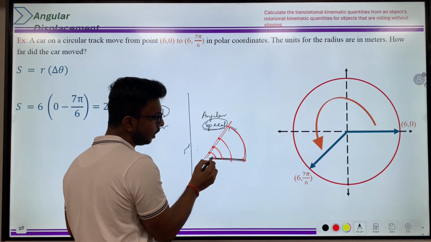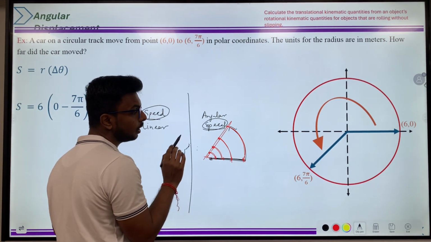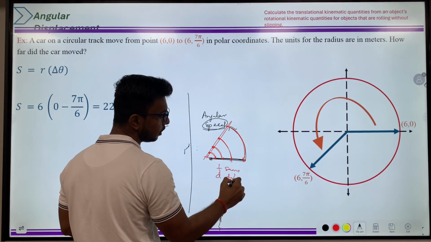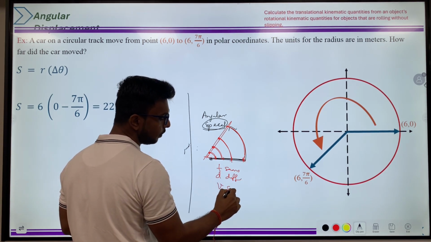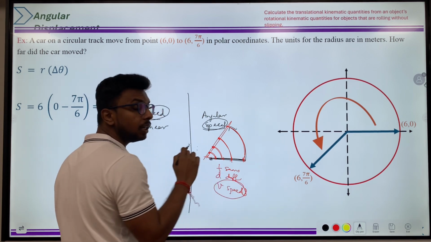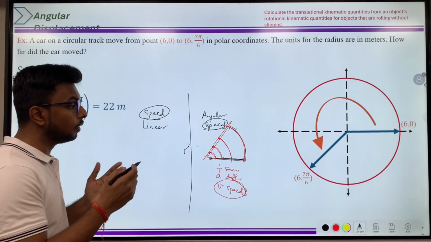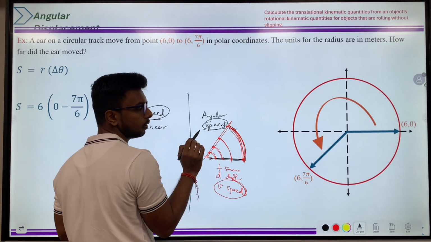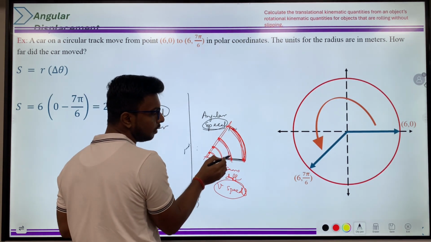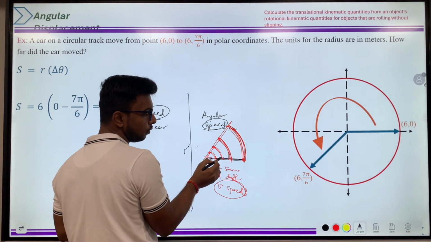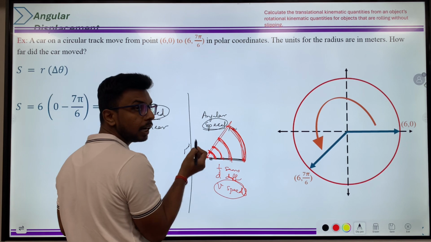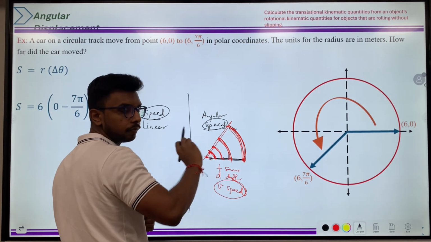Time is the same, distance is different, therefore speeds will be different. Those are the linear speeds. This will be faster because it has traveled the maximum distance. In the same time, this has traveled less distance, so it is relatively slow. This one hasn't traveled at all, it has just rotated.